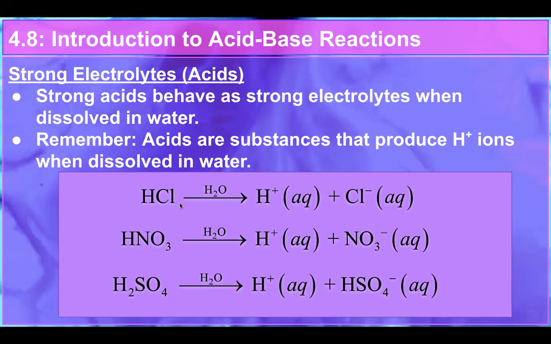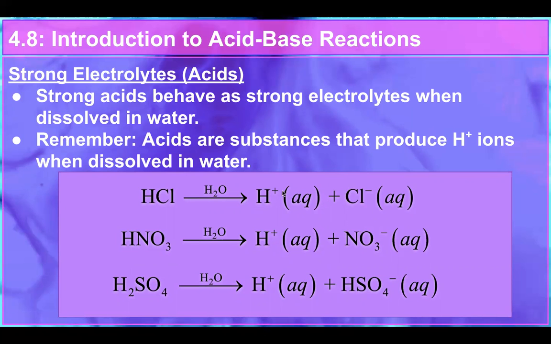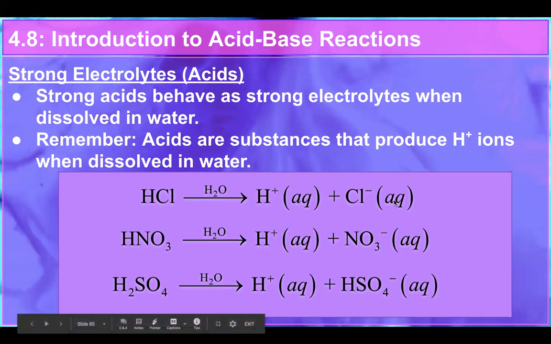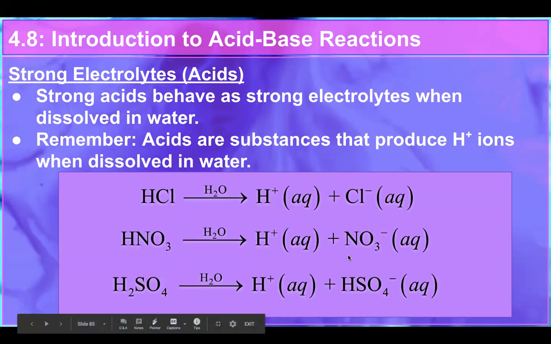So all of these molecules would dissociate when dissolved in water. Same thing with nitric acid, same thing with sulfuric acid. All three of these are strong acids and they will completely dissociate and form the H plus ions plus whatever the ion would be that is also contained there.